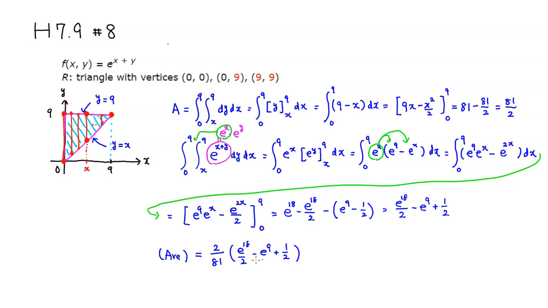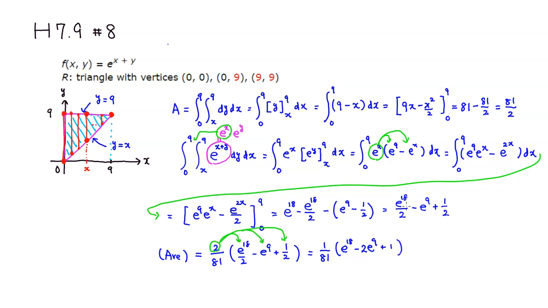Since there are lots of 2s there, I'm going to distribute the 2 to all three terms. So we get 1 over 81, multiplied by e to the 18, minus 2 e to the 9, and plus 1.